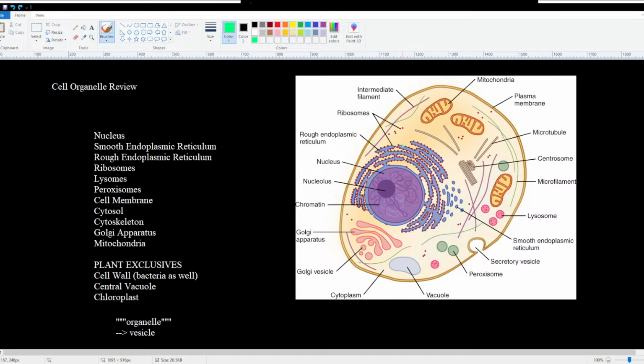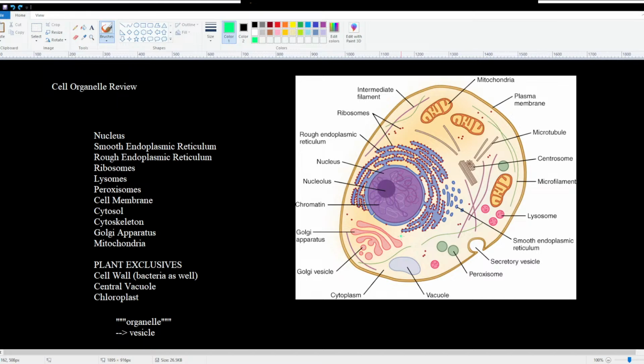So what does the rough ER do? The rough ER is where proteins are made. And then after they're made here, the proteins get put into vesicles. After they're put into vesicles, they go to the Golgi apparatus.